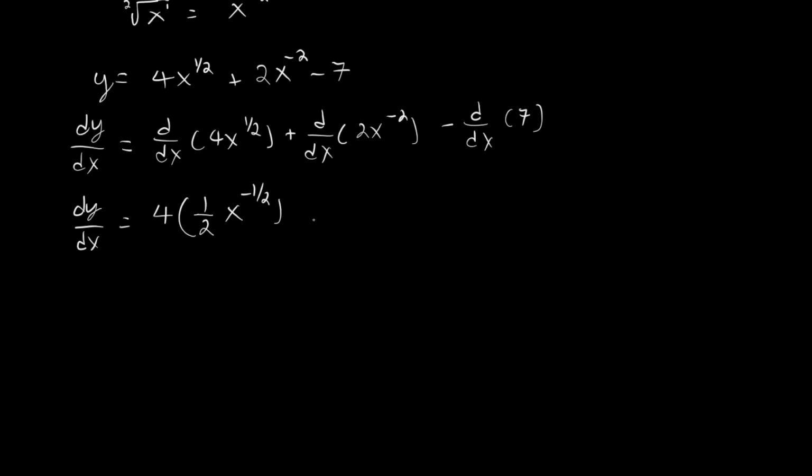Then for 2x raised to negative 2, we copy 2, and for the x raised to negative 2, we bring down negative 2 and the exponent will become negative 3. The derivative of 7 is 0.